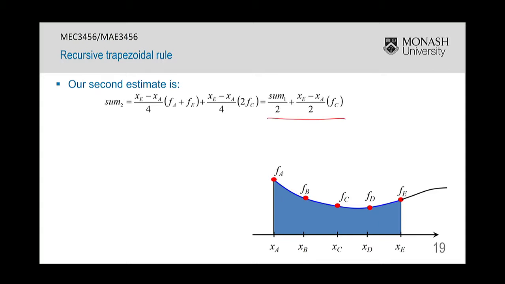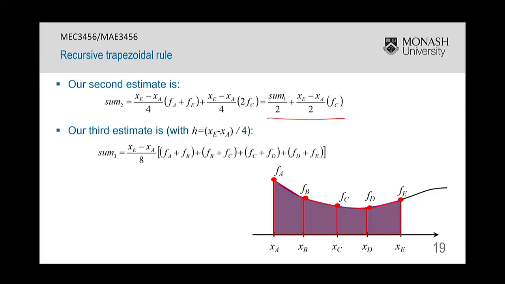Let's now go to a 4-segment approximation. We're going to use all of the points that we've got. Our third estimate now has a step size h of xe minus xa on 4. So therefore the h on 2 out the front looks like xe minus xa on 8. These are then the sums for each of the individual trapezoids.